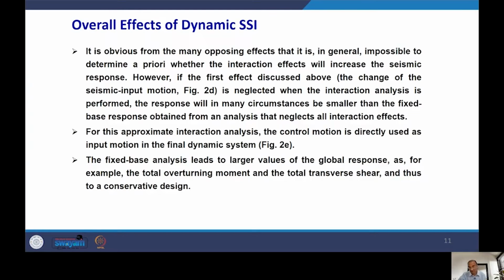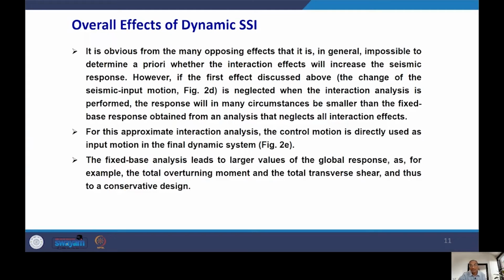So that means if you neglect the first effect, that is soil amplification, and you consider other effects, then most of the time it is expected that the response considering SSI will be smaller than the fixed base response where no SSI is considered.